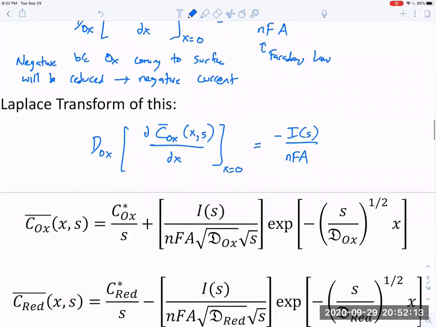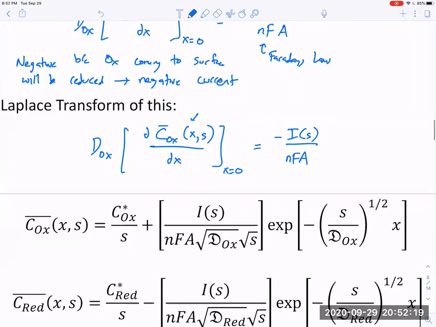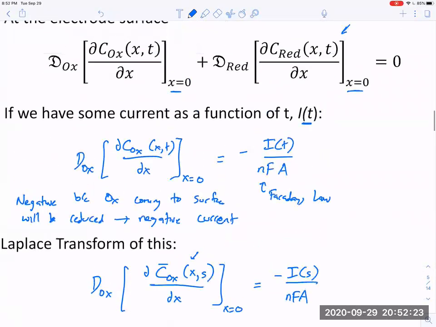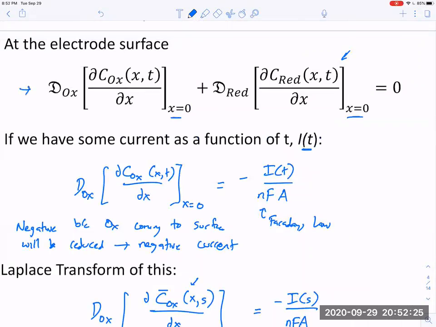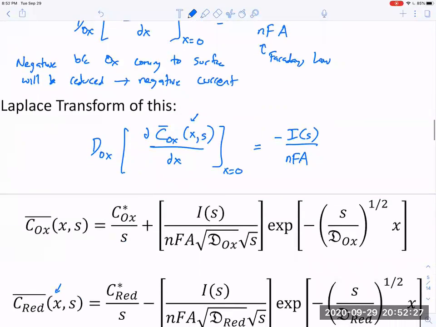So with that, now we're going to solve for the concentration of the oxidized species. And remember, we have a corresponding one for the reduced species as well, from this same relationship. So we're just going to take the integral with respect to x to back this out.